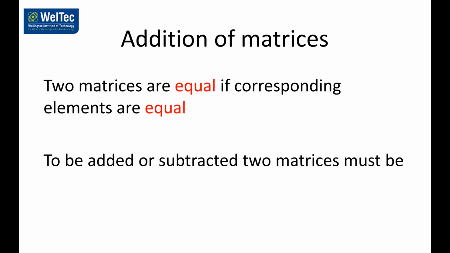Pretty obviously, two matrices are equal if their corresponding elements are equal, but if we're going to add or subtract them, then they've got to be of the same order. This is because when we find the sum, we add corresponding elements.